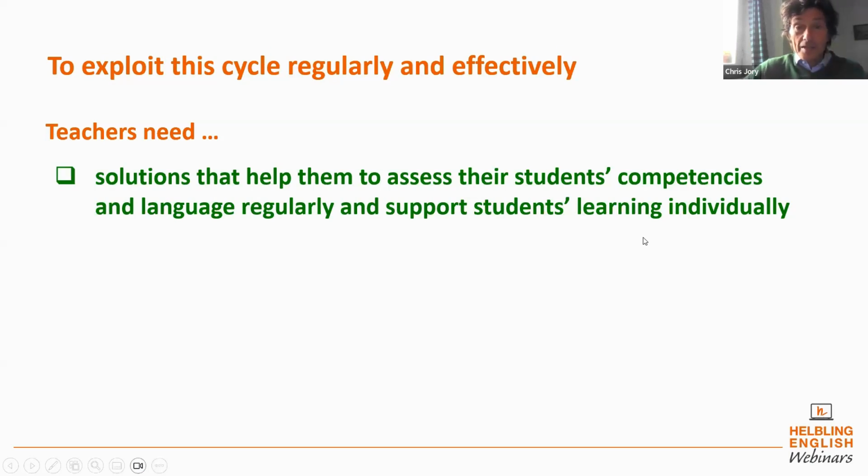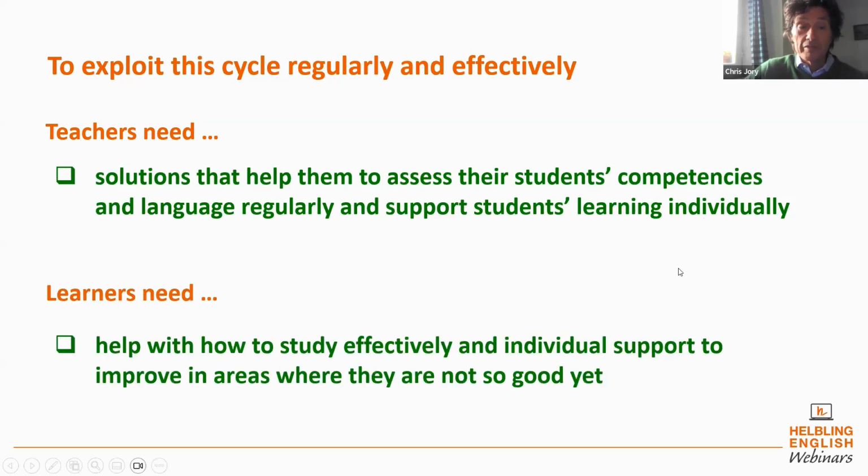But this cycle does need to be done regularly to be effective. So arguably, teachers, for you to implement this, you need solutions, whatever they may be, both for the classroom and potentially for students to do outside of classes as well, for you to regularly and in various ways assess what they can and can't do, and support them both as a class group but also individually.